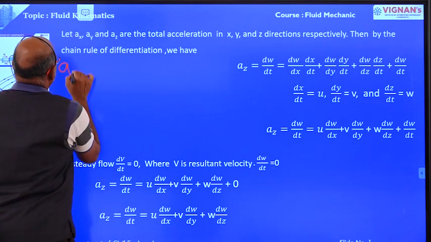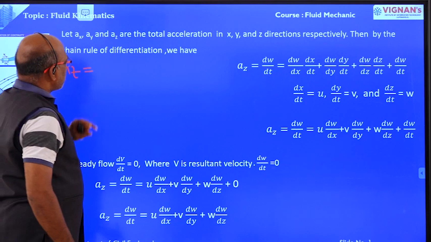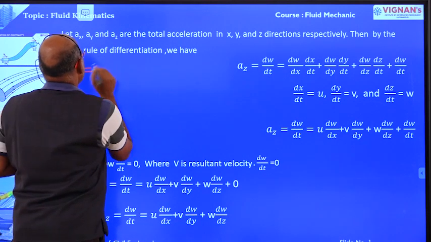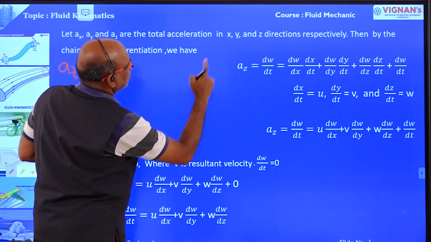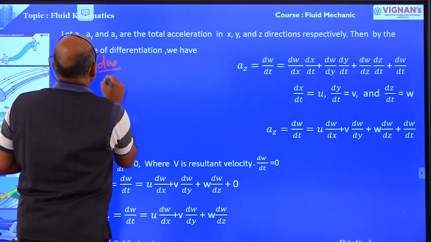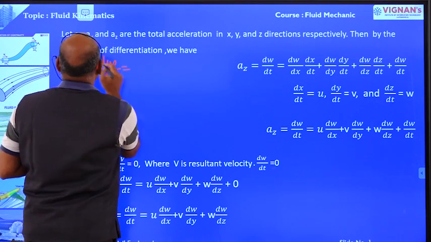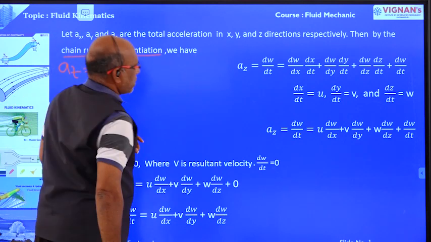Az, that means acceleration in z direction, is equal to dw, velocity in z direction, divided by dt, based on the chain rule of differentiation.